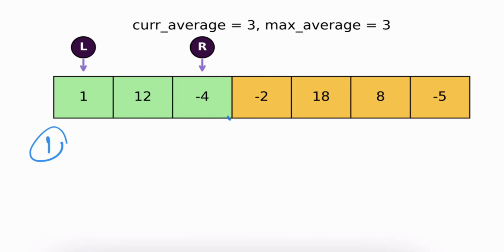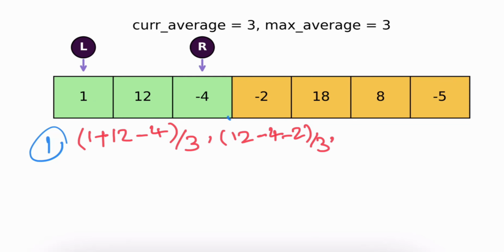So we have to do 1 plus 12 minus 4 divided by 3. For the next one, we have 12 minus 4 minus 2 divided by 3. For the next one, we have minus 4 minus 2 plus 18 divided by 3, and so on.